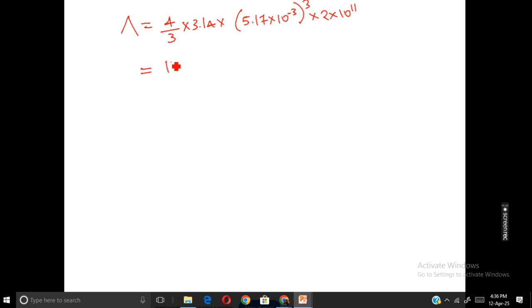It will give you a value of around 115768. This will be the number of particles in the Debye sphere.